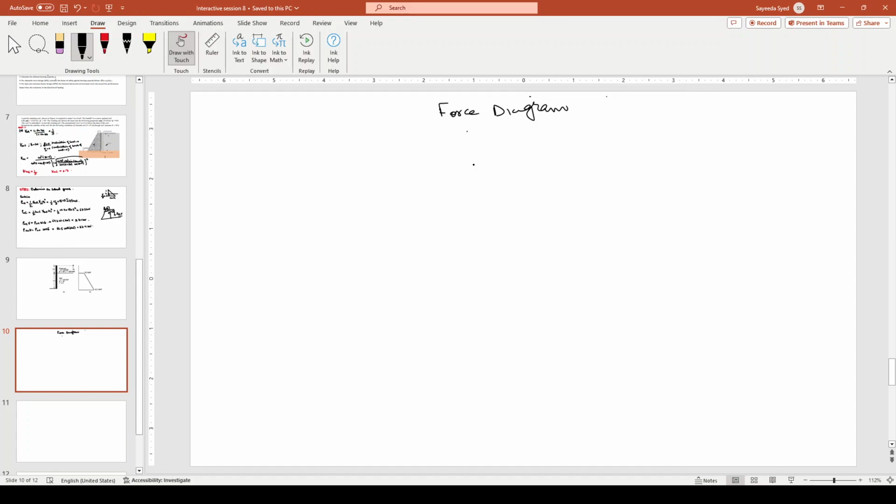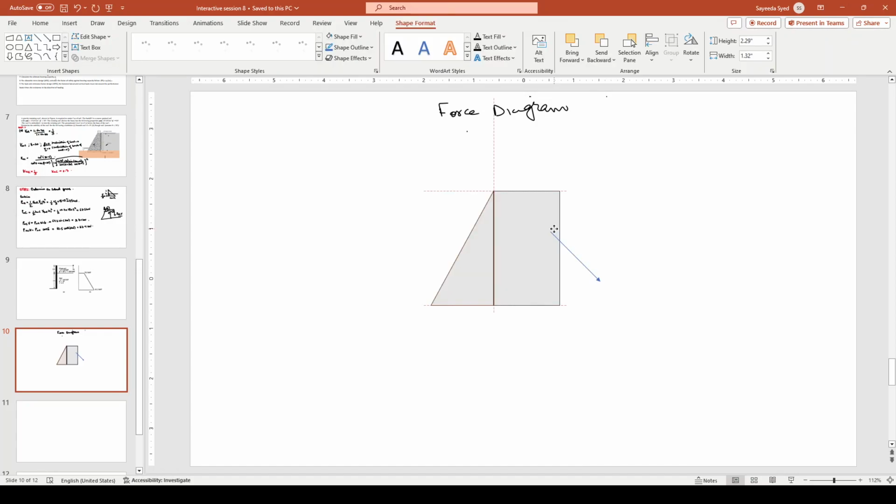This is 0.6. We will have a horizontal load, the Rankine's load.